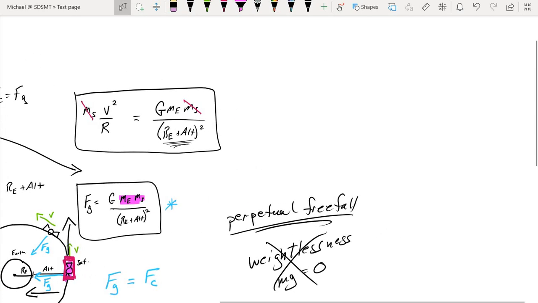Well, a little bit more cleanup here. Now that the mass of the satellite has been removed, what is left is the velocity of the satellite, the radius of the satellite. We have big G, mass of the Earth, and then we have the center-to-center separation distance.